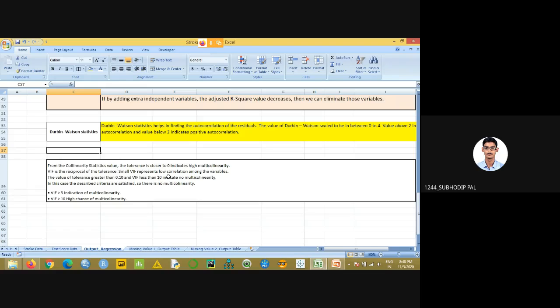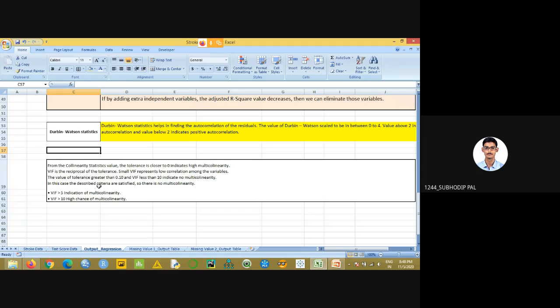A tolerance value greater than 0.1 and a VIF less than 10 indicates no multicollinearity. We take tolerance values greater than 0.1 for our analysis.